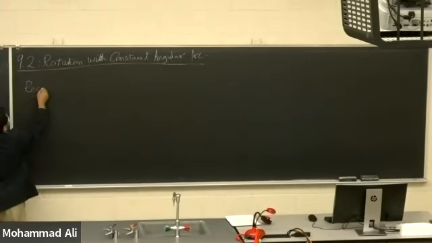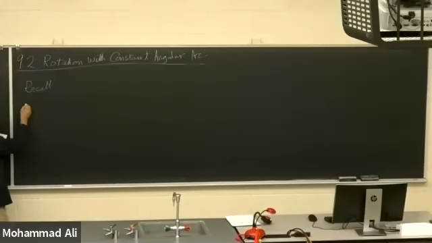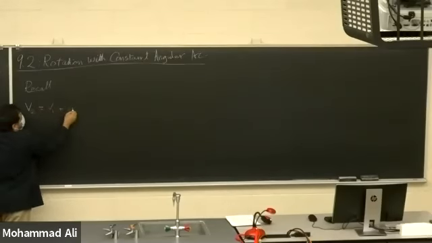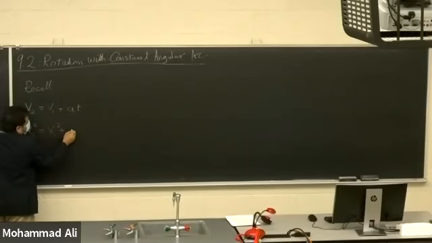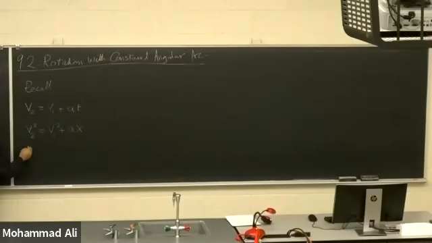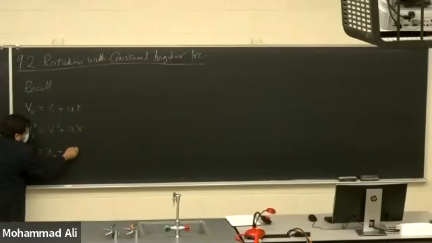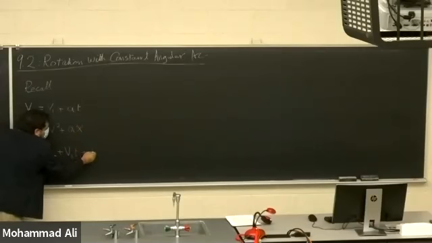Remember or recall the equations: V2 is equal to V1 plus A multiplied by T. V2 squared is equal to V1 squared plus 2 A multiplied by the displacement in the x direction. Also, x is equal to x naught plus V naught multiplied by T plus half A T squared.